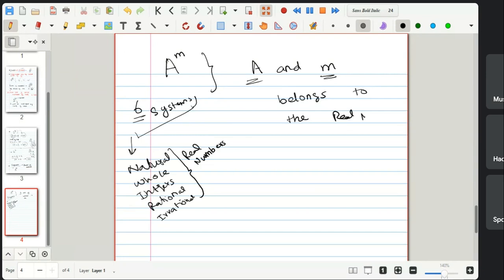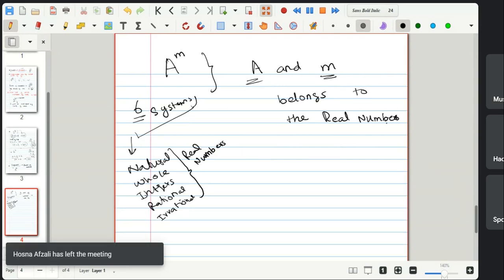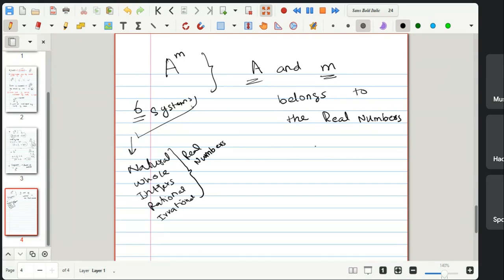Sorry, again the spelling of real. A and m belong to the real numbers system. Okay, this is just about the generality.